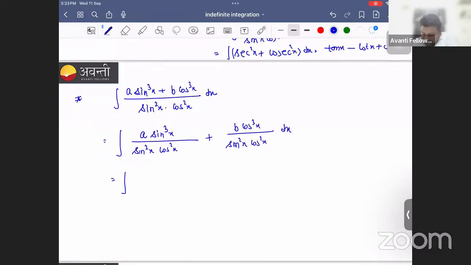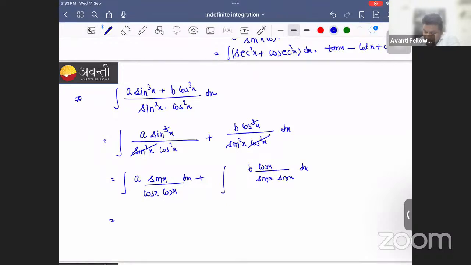Now, this will be a. Now see, 2 sine will cancel here, 2 cos will cancel. So you are left with a sine x upon cos x plus b cos x upon sine x.